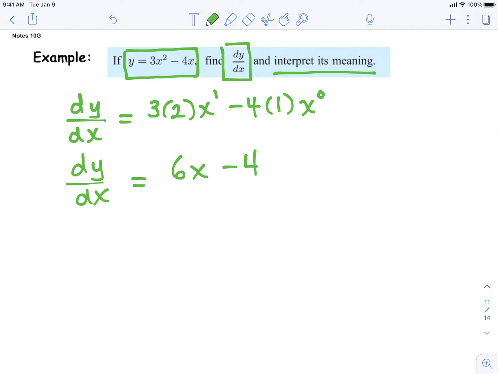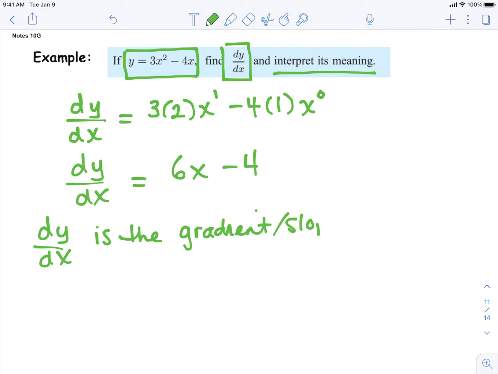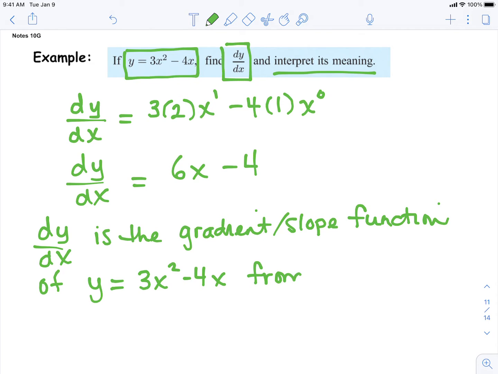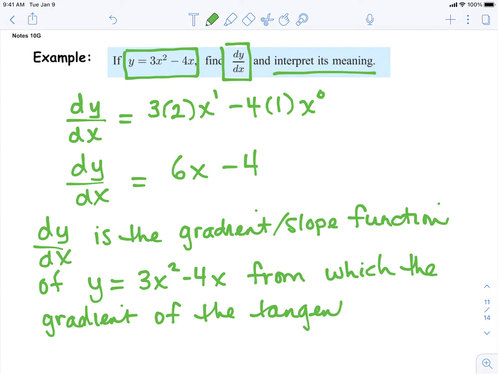So what does this mean? The dy/dx is the gradient or slope function of the original equation, from which the gradient of the tangent at any point on the curve can be found.